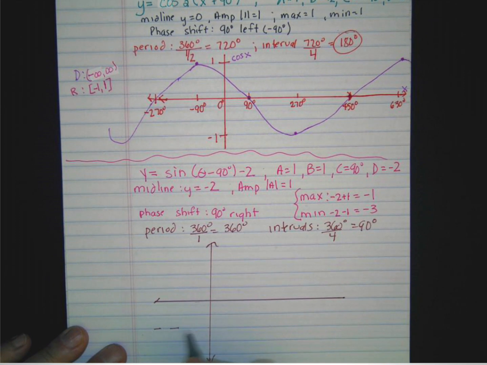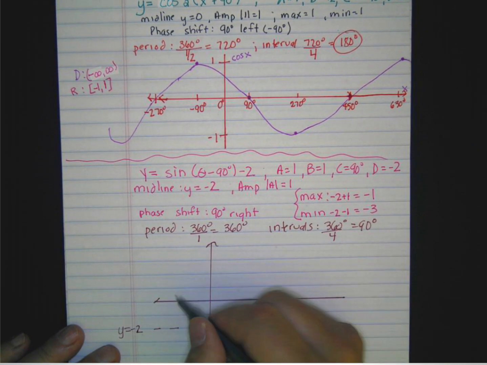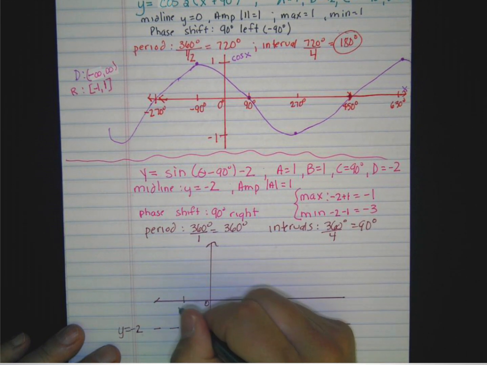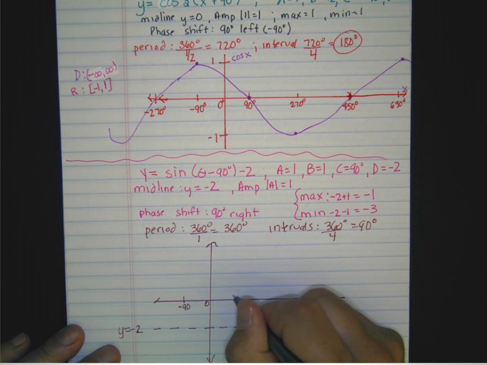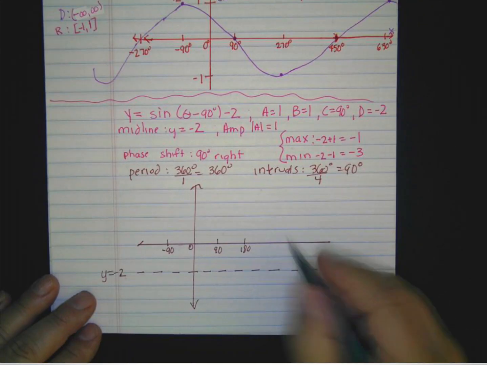This is going to be our new x-axis, if you will. That's y equals negative 2. So as we're counting, this would be 0, negative 90, 90. Remember, we're counting by 90s. That's our interval.